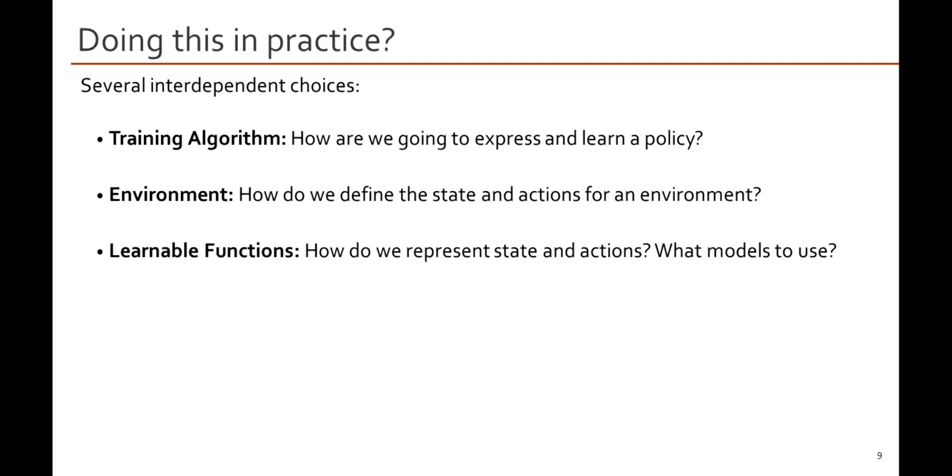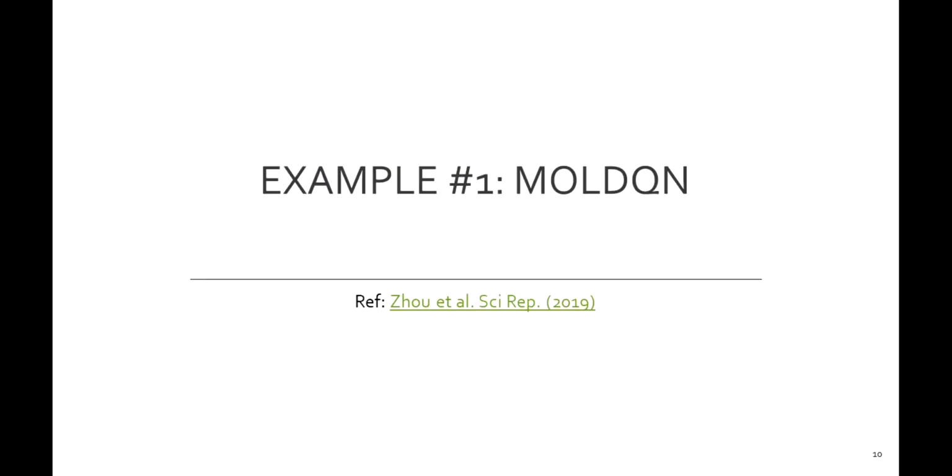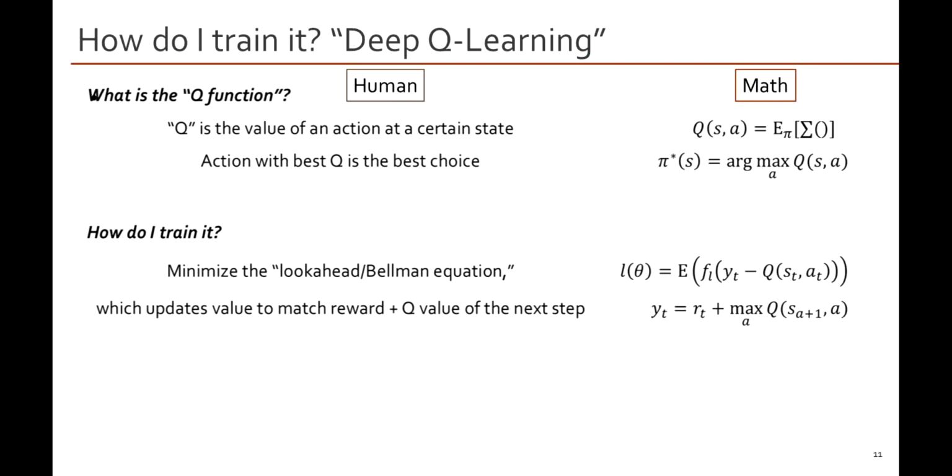So to actually give some picture about what that means, we're going to go into some of those algorithms that I alluded to earlier and explain how they work. We're going to start off with MolDQN, which was a paper from just 2 years ago. And they use a third method for training a reinforcement learning model called deep Q learning.